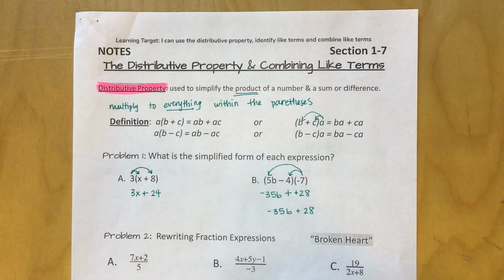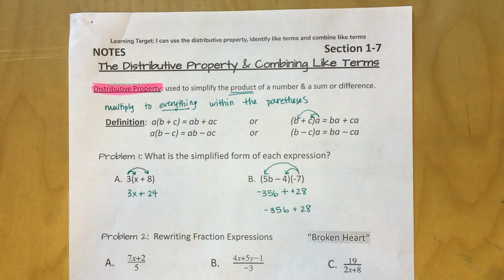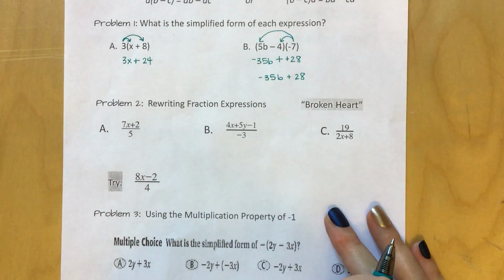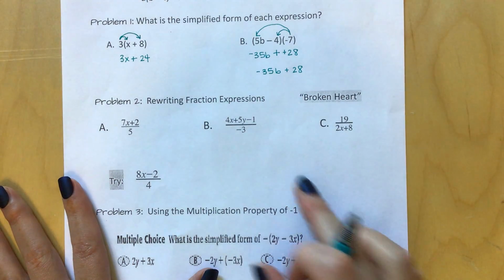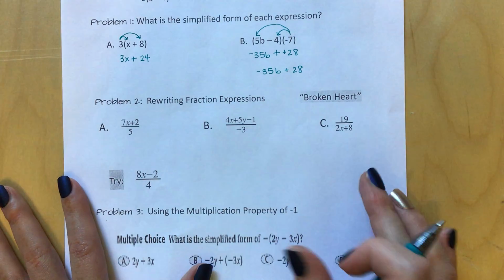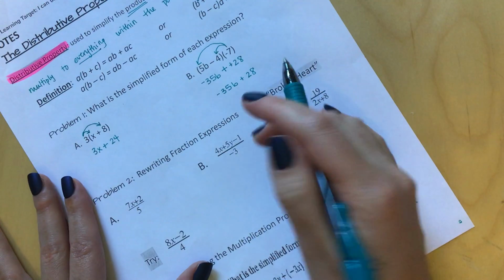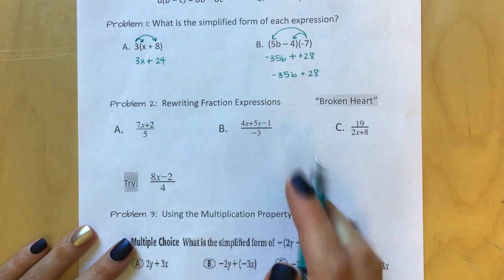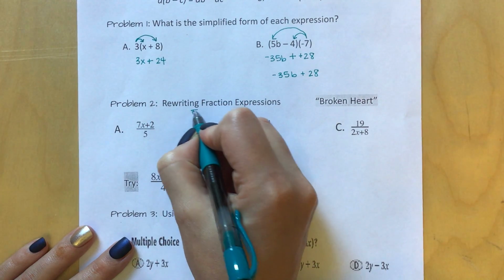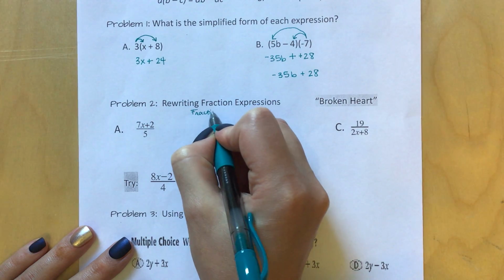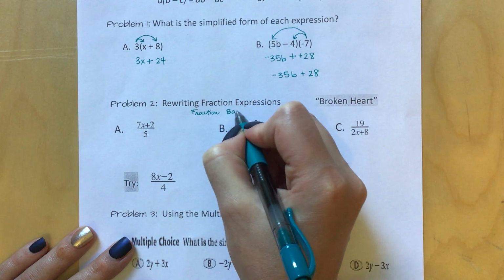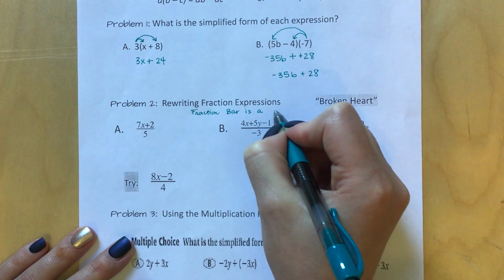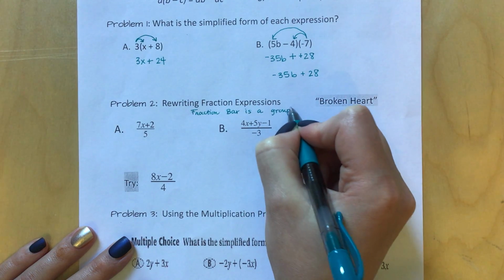All right. We can also use the distributive property when we have fractions. Remember, a fraction bar works like a grouping symbol. So I'm going to write that out one more time. Fraction bar is a grouping symbol.